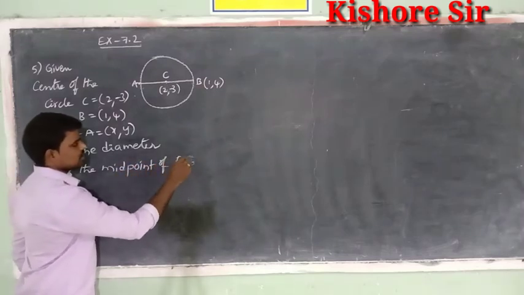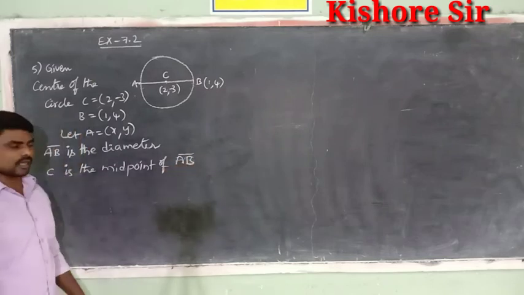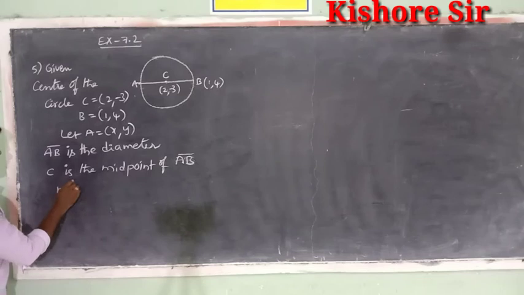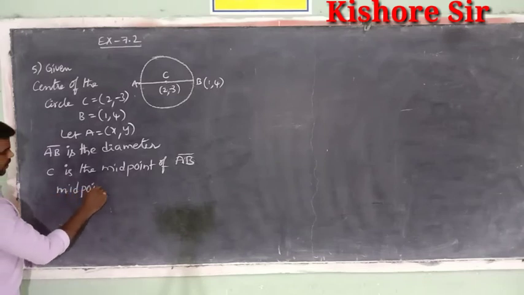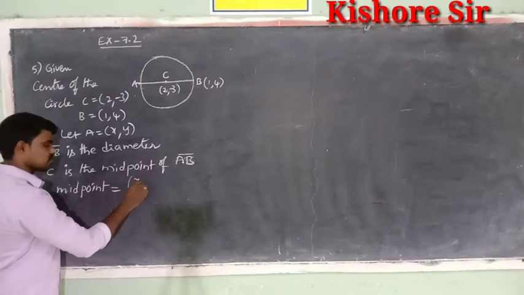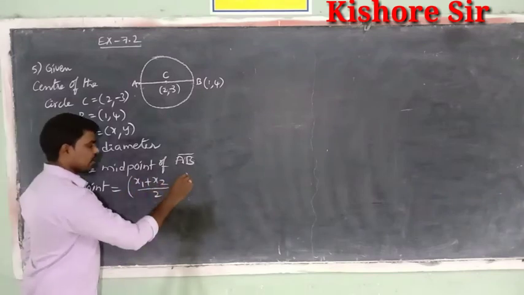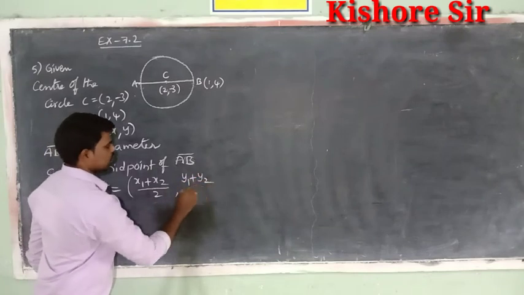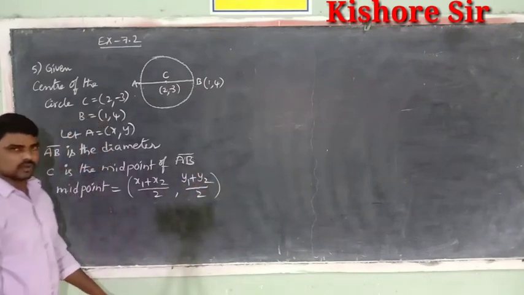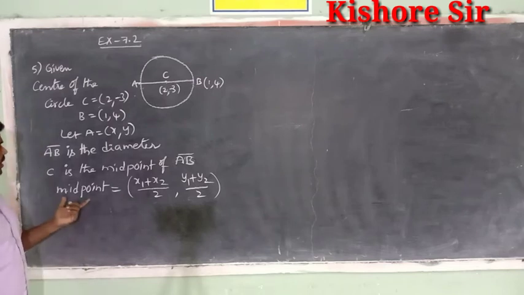Right here, C is the midpoint of the diameter AB. Okay, so midpoint formula. Midpoint is equal to, the formula is x1 plus x2 by 2, y1 plus y2 by 2. Okay, this is the midpoint formula. So what is the midpoint here?